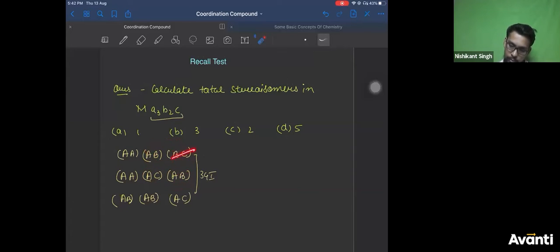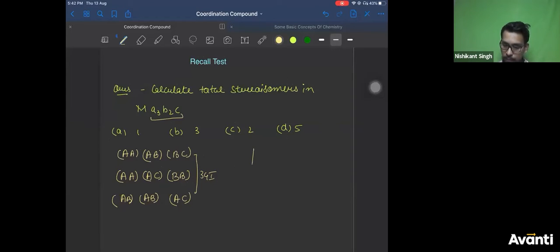Same as this one. But if I interchange A with C and B with B, BB. Yes, got it. Got it, guys. So one of these is BB and AC. This one is BB, right? So that's all. Is it fine now? Yes, I understood. So there are 3 geometrical isomers possible now.